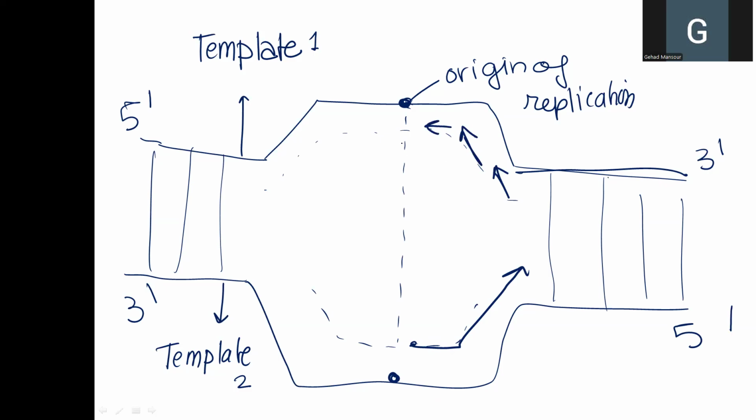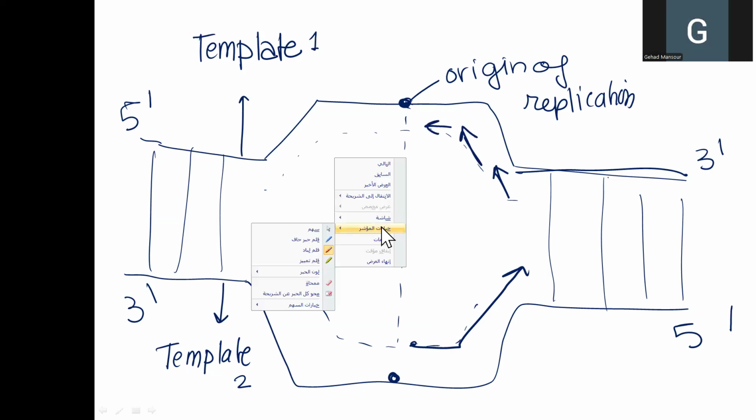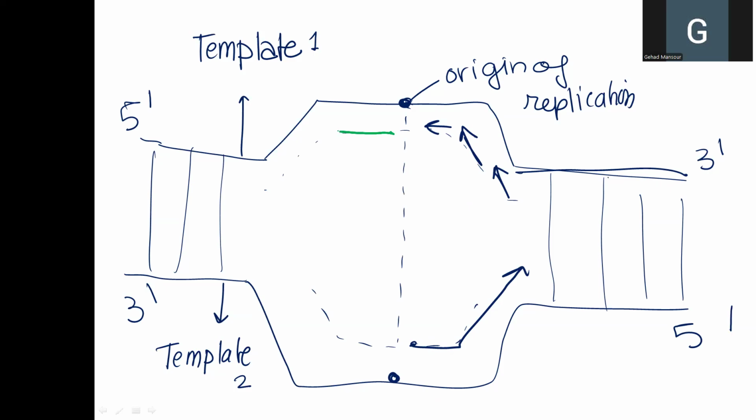Similarly, on the other side, the leading strand will be in the opposite direction, meaning that here you would have the leading strand, and here you will have the Okazaki fragments. So this is the leading strand for template number 2, and this is the lagging strand that is formed on template number 1.